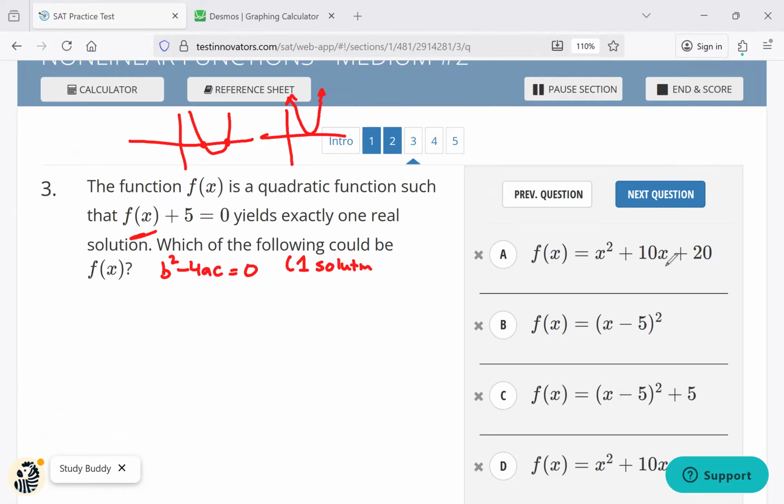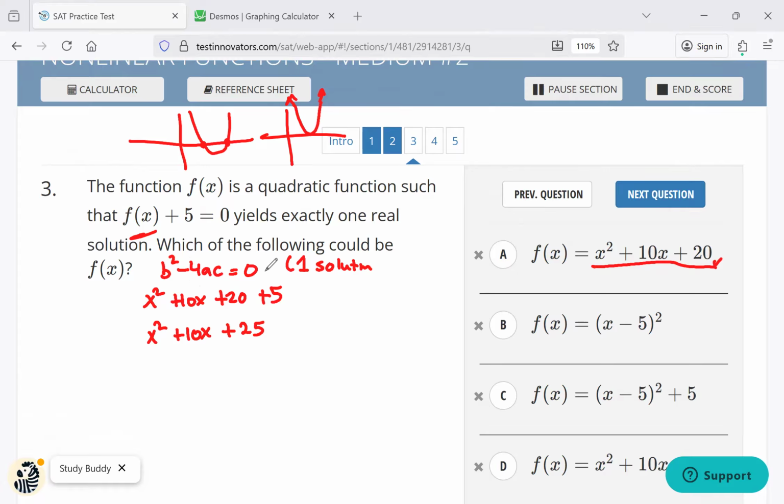Okay, let's try out the first one. Be careful, it's f of x plus 5, so this whole thing is just f of x. It's going to be x squared plus 10x plus 20, and then plus 5. When you do that, you get x squared plus 10x plus 25. You could put this in Desmos to see if it crosses the x-axis once, but you can also use the discriminant rule, b squared minus 4ac.